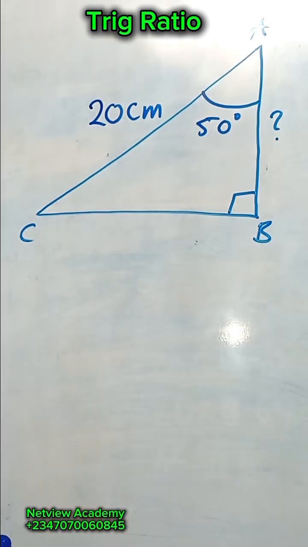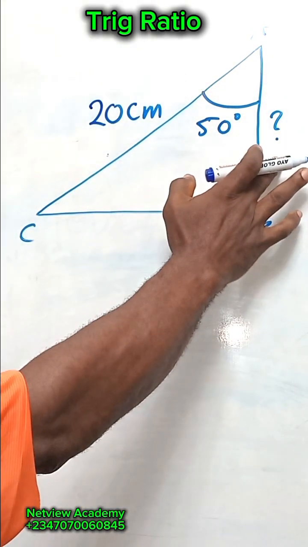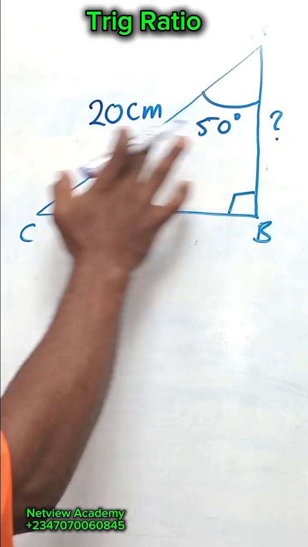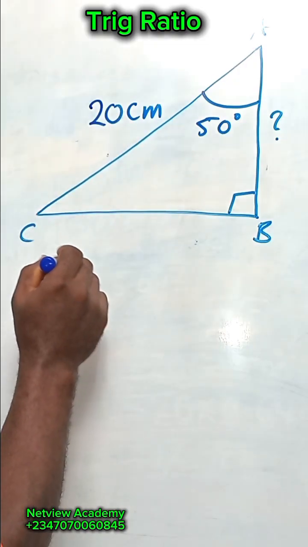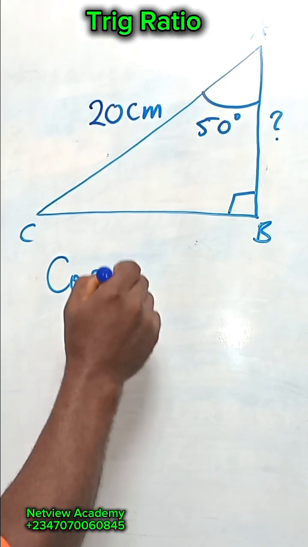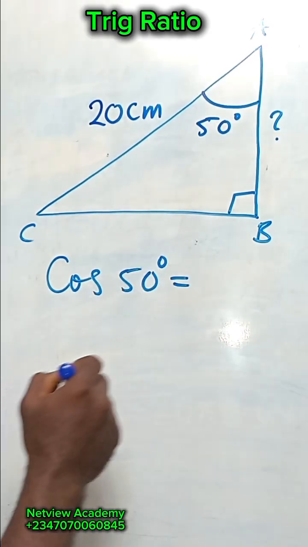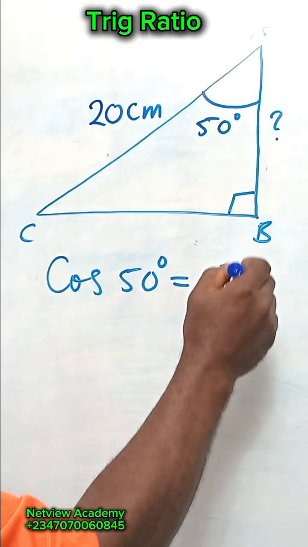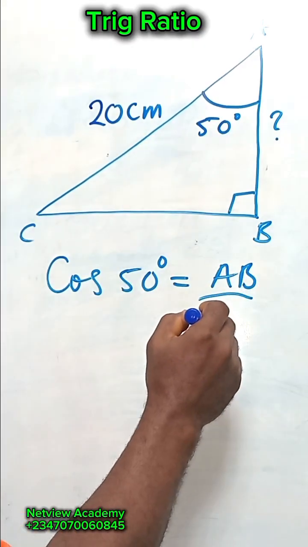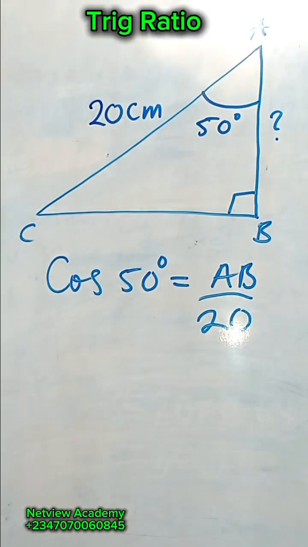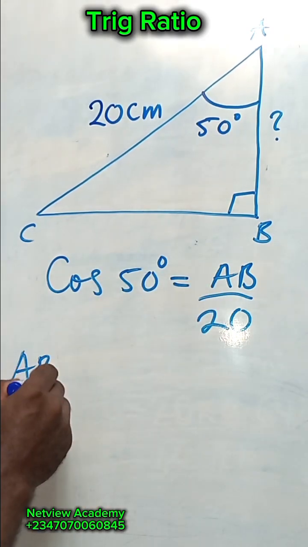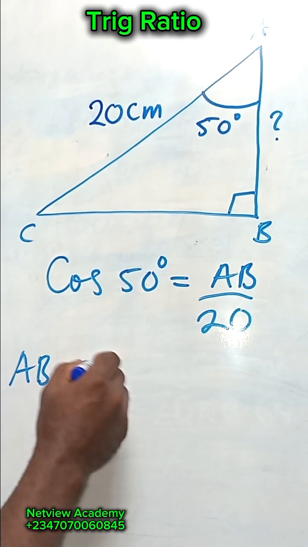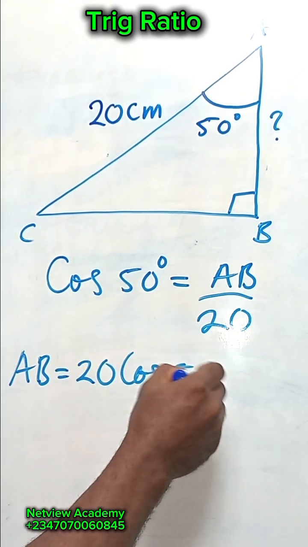Apply trigonometric ratio. Adjacent, which is the side we are looking for, over the hypotenuse, which is the side that is provided, is equal to cos 50 degrees, equal to AB, adjacent, all over 20, the length of the hypotenuse. If we cross multiply, this will give us AB is equal to 20 cos 50 degrees.